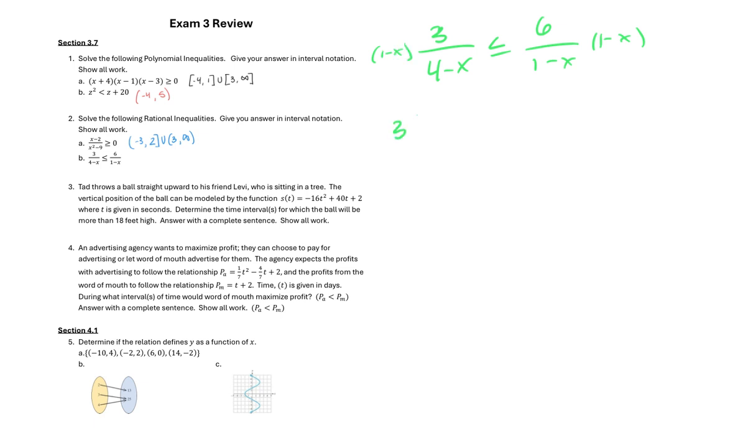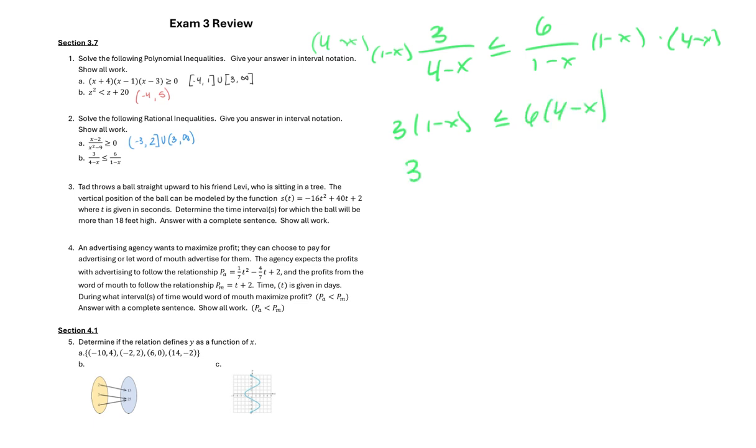So we get 3 times 1 minus x. And we can also multiply both sides by 4 minus x. Multiply by 4 minus x.